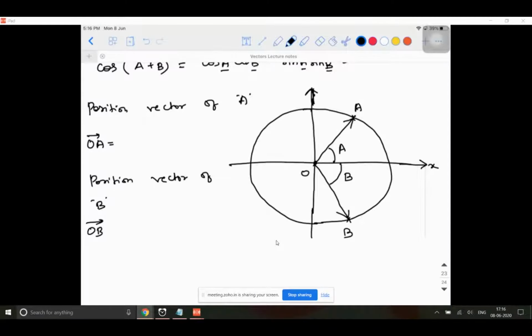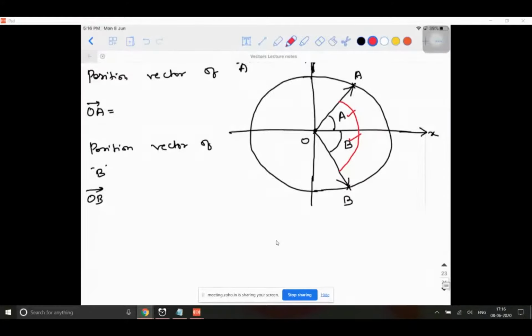It's in front of your eyes. It need not be 90 degrees. I've written the values already. It is angle A plus angle B. That's it. A plus B is the angle between OA vector and OB vector. So I hope this is clear.